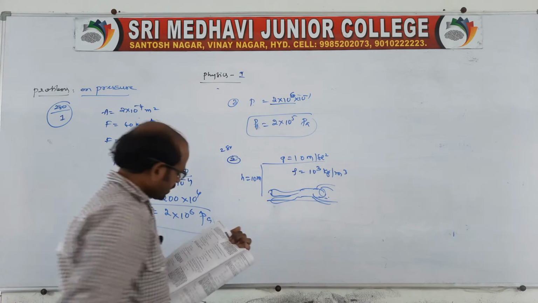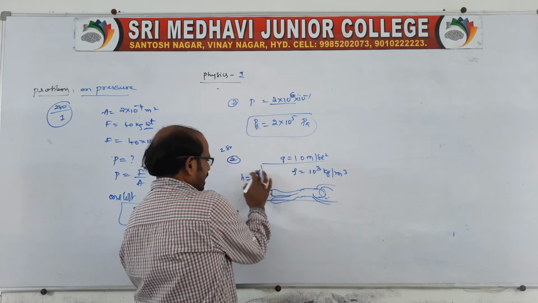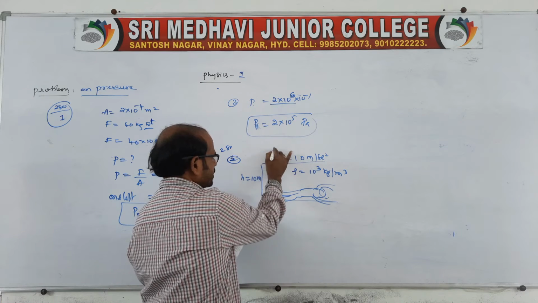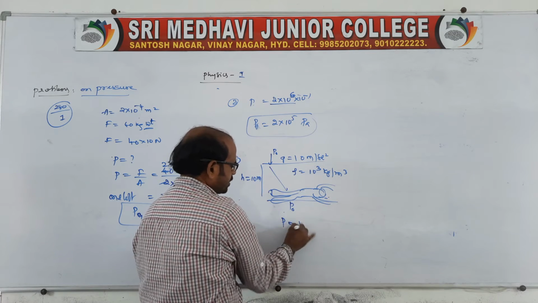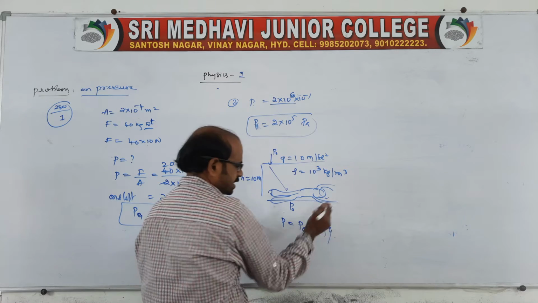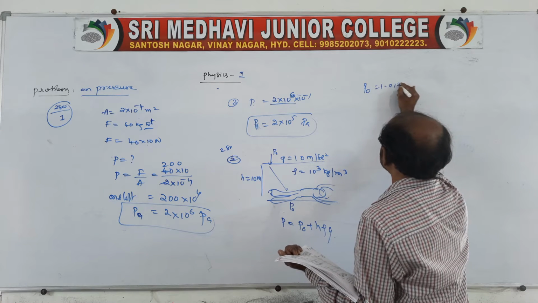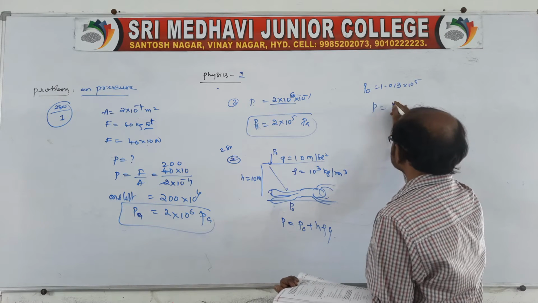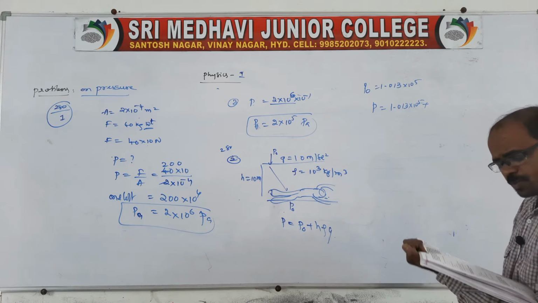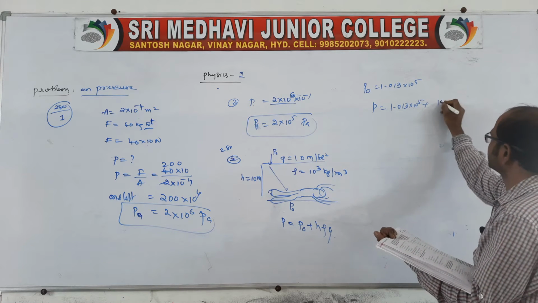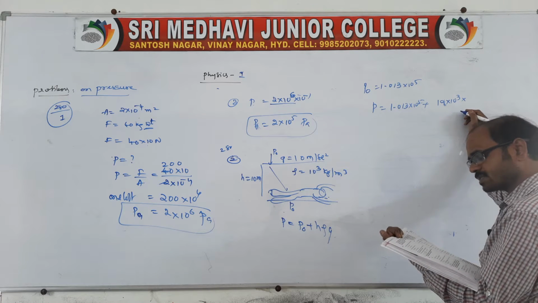It is asking for the pressure acting on the swimmer. We know there is atmospheric pressure P naught, and the pressure at a depth is P equal to P naught plus h rho g, as we did in this expression. P naught is atmospheric pressure, 1.013 into 10 power 5. So P is equal to 1.013 into 10 power 5 plus h rho g, with height 10 meter, density 10 power 3 and g equal to 10.